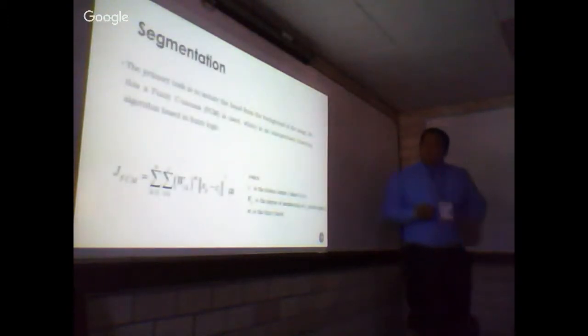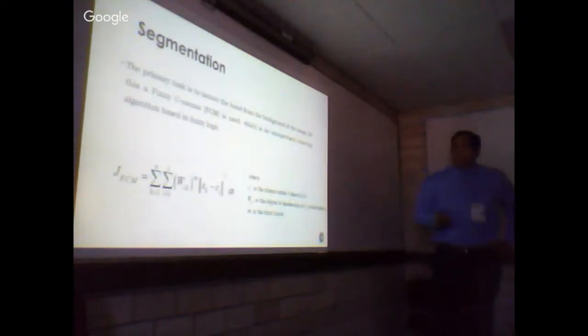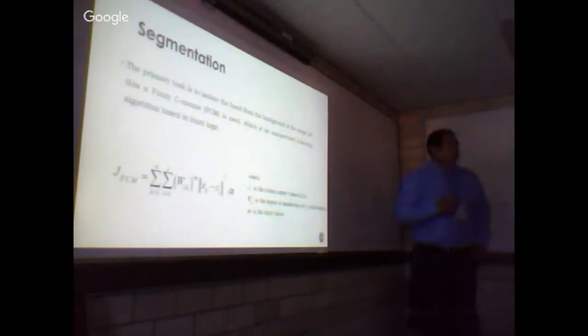In the segmentation stage, the primary task is to isolate the hands from the background of the image. For this, I use K-means. This is the equation for the algorithm, where C is the cluster center, i goes from 1 to C. In this case, there are two clusters: the first cluster is the scene, the person, and the second cluster is the background.